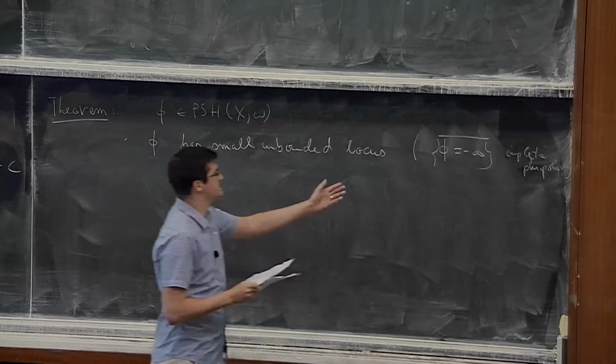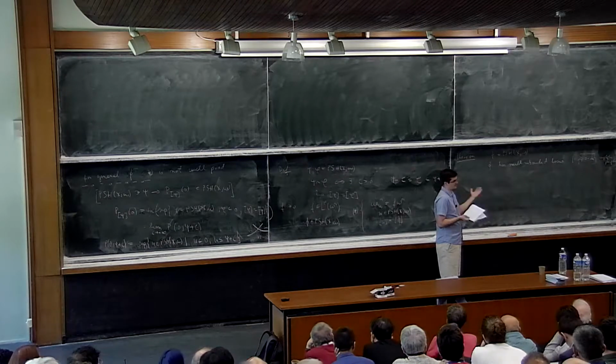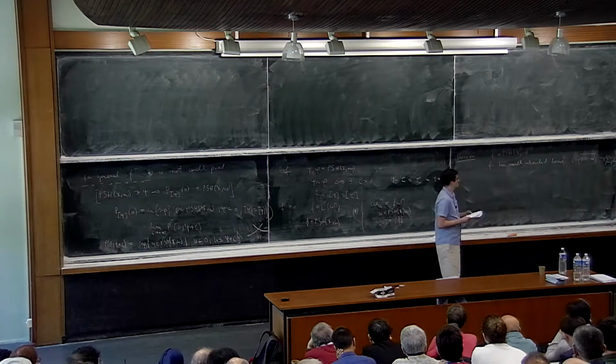So you can think of this condition as outside a closed set with no interior, phi has to be locally bounded, right? So if phi has algebraic singularities or almost algebraic singularities, this is always satisfied.